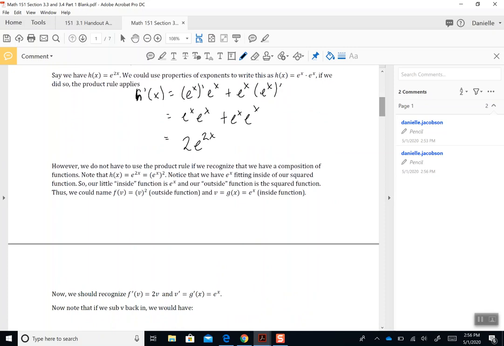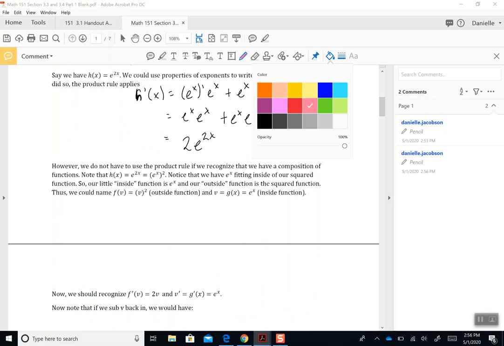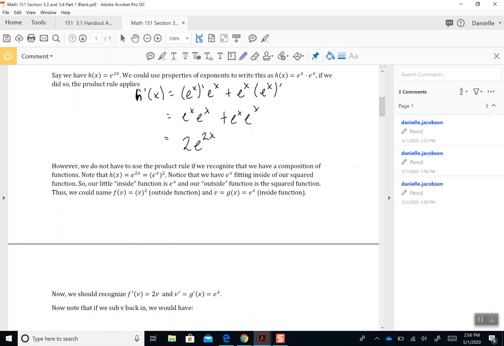Notice that if we consider the whole function, e to the 2x, we could write h of x equals e to the 2x as e to the x squared. That's just properties of exponents. Now notice that you have an e to the x inside of this bigger squared function.